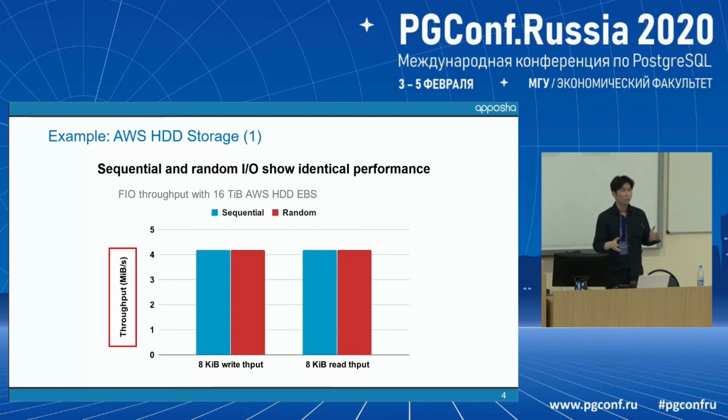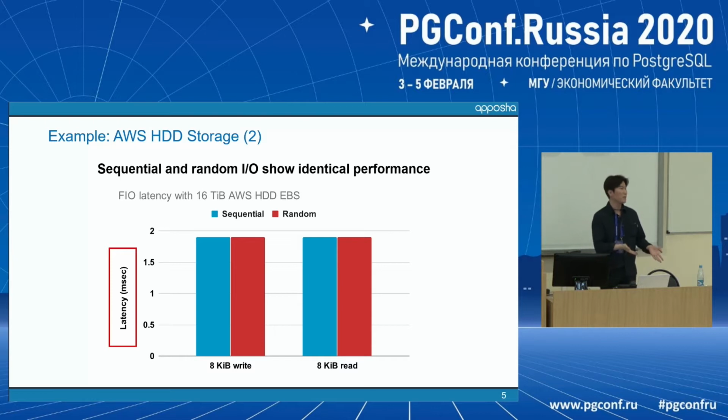There are two patterns, sequential and random, for read and write. As you can see, there is no difference between sequential and random I/O in terms of throughput, even for read or write. It's identical, right?